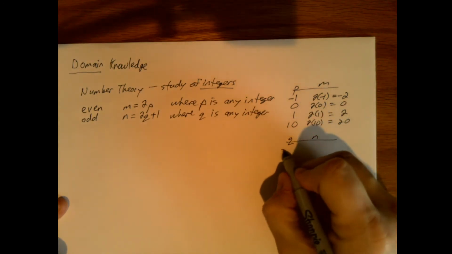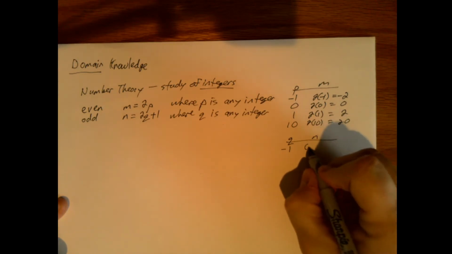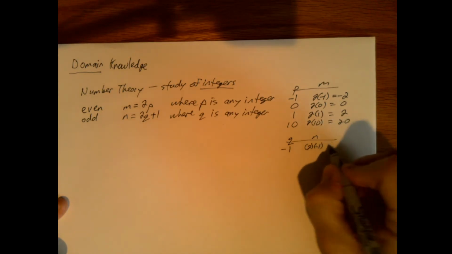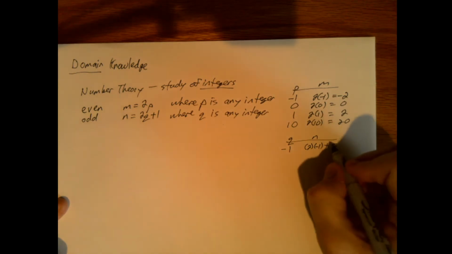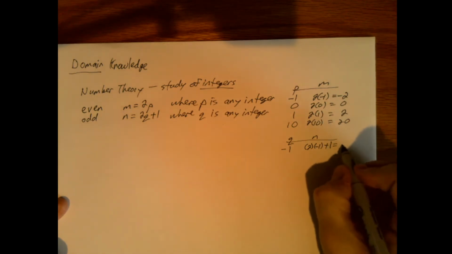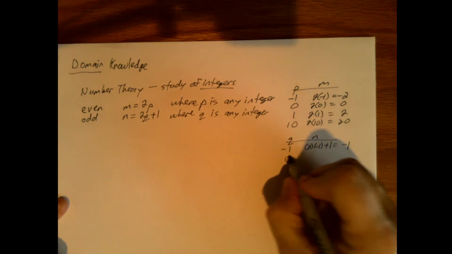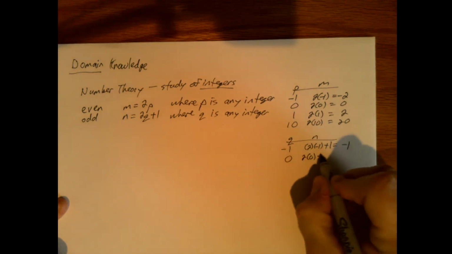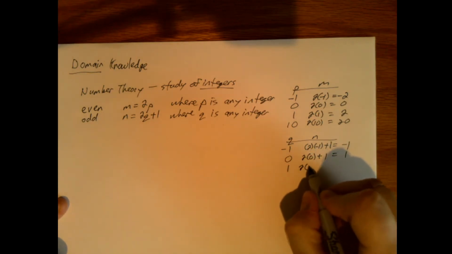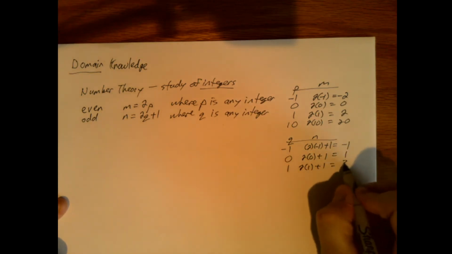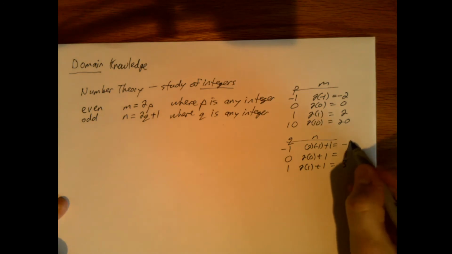So once again, we'll do something like this. Minus 1. 2 times minus 1 plus 1 is what? Well, that's minus 2 plus 1 is negative 1. 0. 2 times 0 plus 1 is just 1. Positive 1. 2 times 1 is 2 plus 1 is 3. And we can see if we keep doing this, we're jumping 2 at a time.